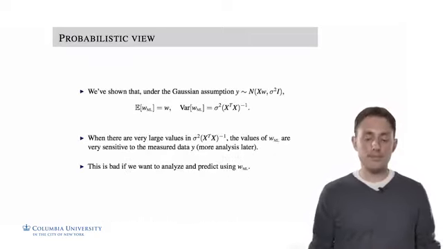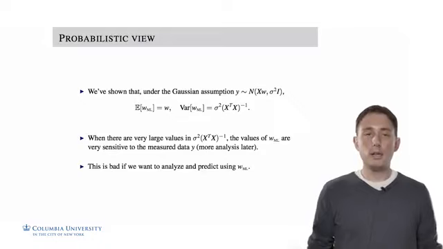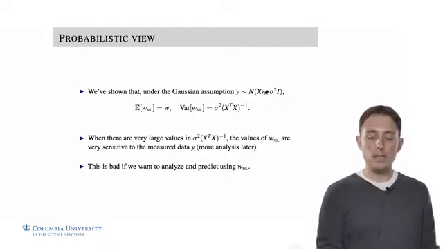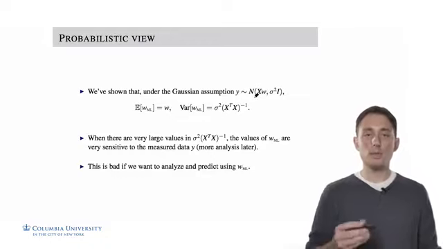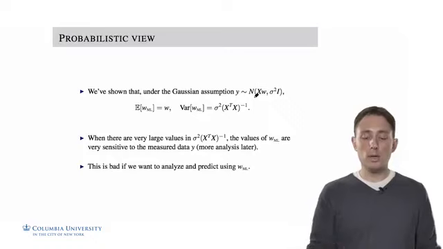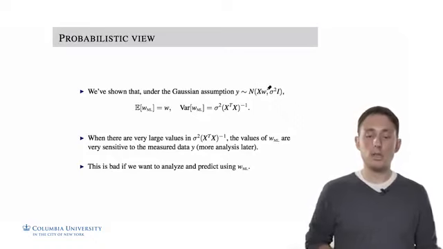Okay, so let's review again at a high level what it is that we've shown. We've shown that if we make a Gaussian assumption, we assume that the vector of responses y is equal to the matrix of covariates or feature vectors x times the weight vector w plus independent Gaussian noise with variance sigma squared.